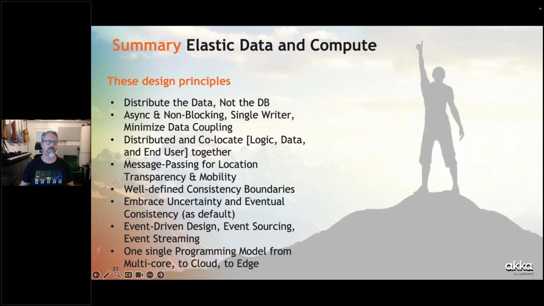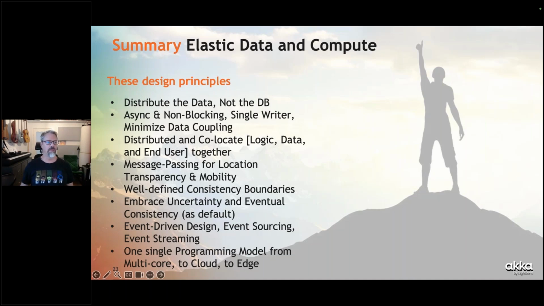Some of the core things are: distribute the data, not the database itself. Think about how you can weave it into the application layer and have elasticity and resilience by being app aware, being aware of the semantics of the application and how your data is actually being used, not having one size fits all.